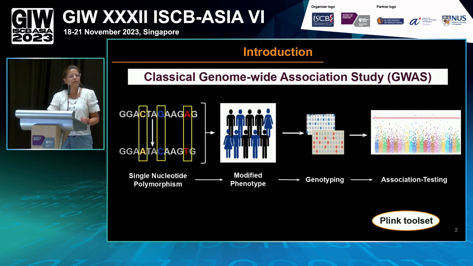If any SNP crosses the p-value threshold, it is probable that the SNP is associated with the phenotype modification.